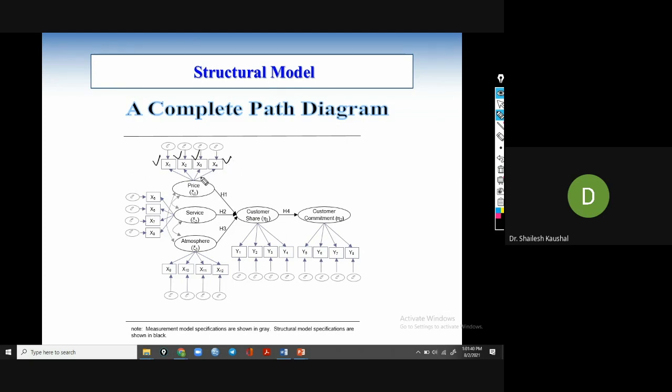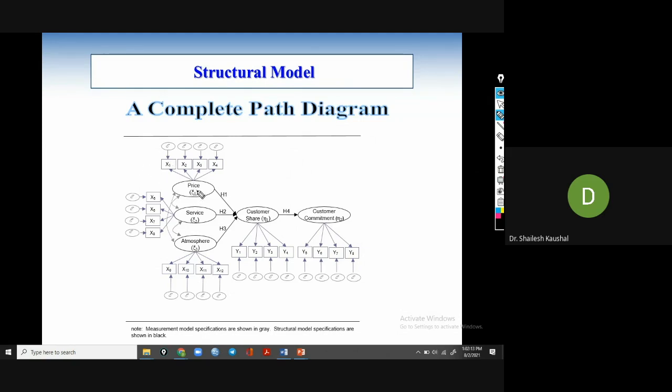So I can write x1 equals xi1, gamma 1, plus the error term, epsilon. We are using multiple regression equations in structural equation modeling. The same equations we have presented in the form of a model, a path model.